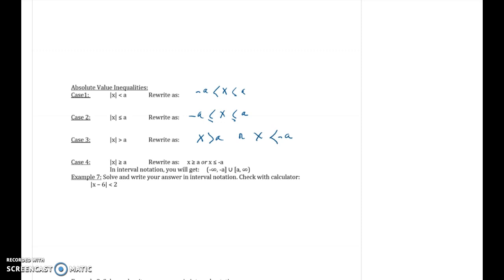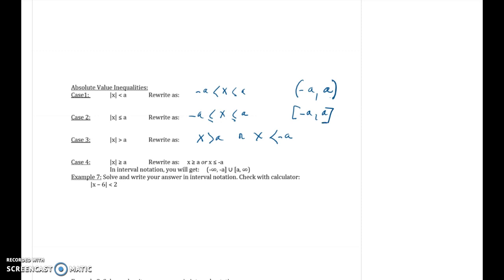The interval notation associated with this one is going to be negative a and a, parentheses, sorry, because of no equal. Right there it will be brackets, negative a, a.